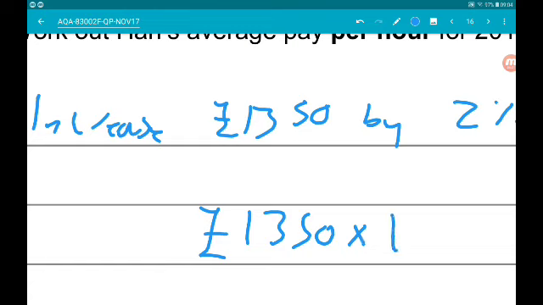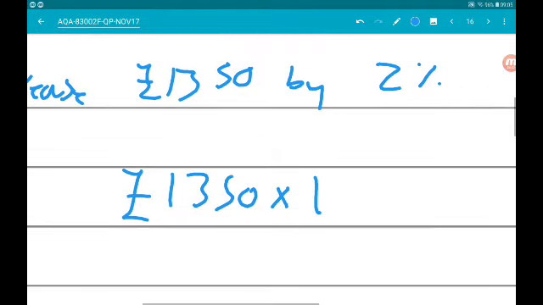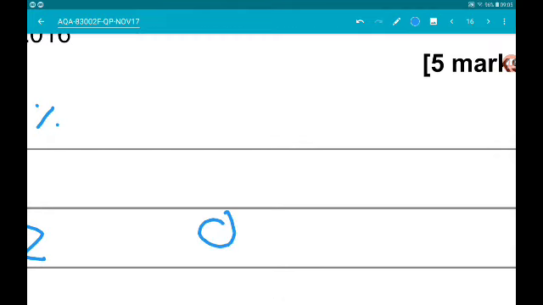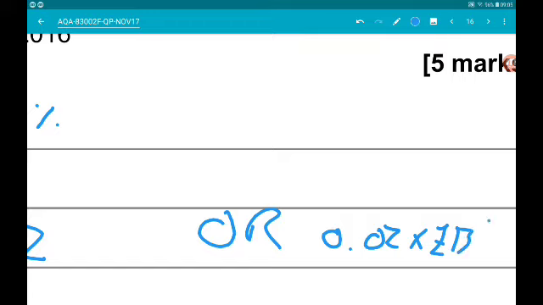Now, if we only multiply it by 1, we are just finding 100% of 1,350, but if we put a 0.02, that increases it by 2%. Or you could find 2% first and then add it on.